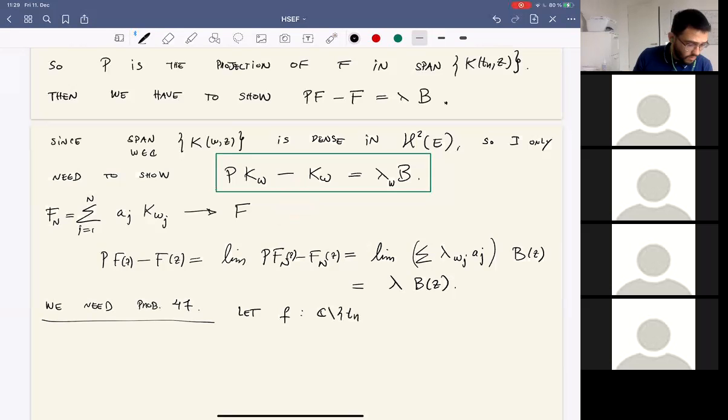Suppose you have some nodes, which I will call t_n, real nodes, and you have a function f which is analytic outside these nodes.